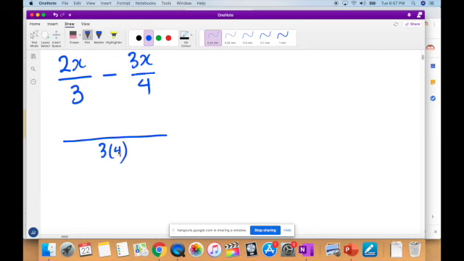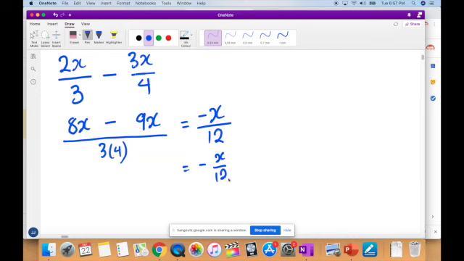And then what? Multiply 3 by 3x, which will give me 9x. And then 2x by 4, which is 8x. Minus there, right? Yeah. And I'll end up with 8 minus 9, which is negative 1x over 4 3s are 12, which can also be written as negative x over 12.